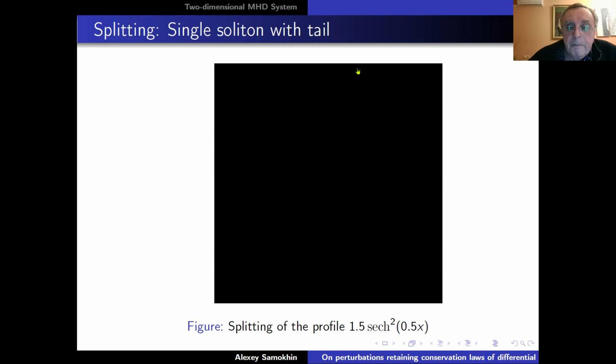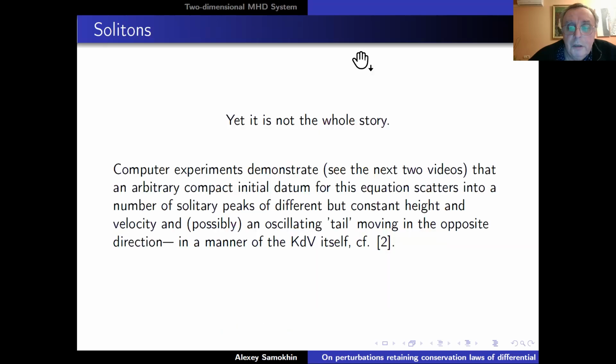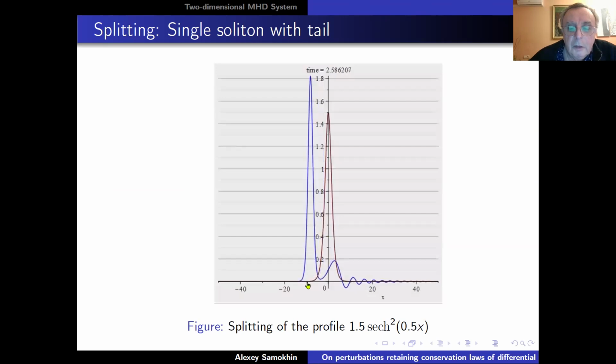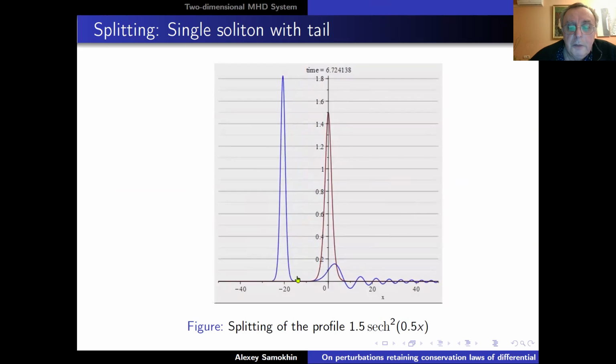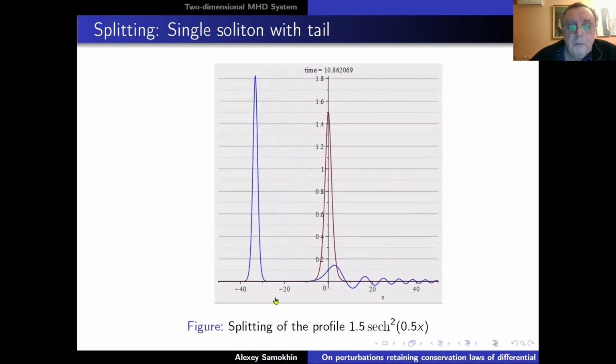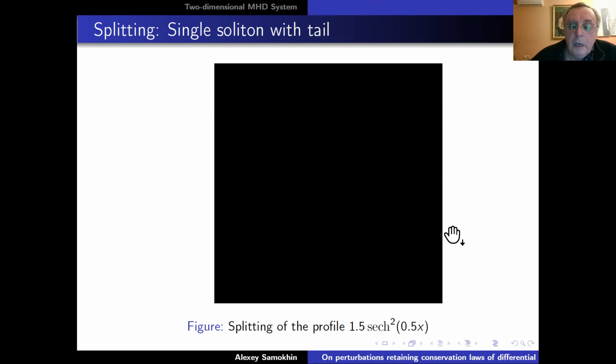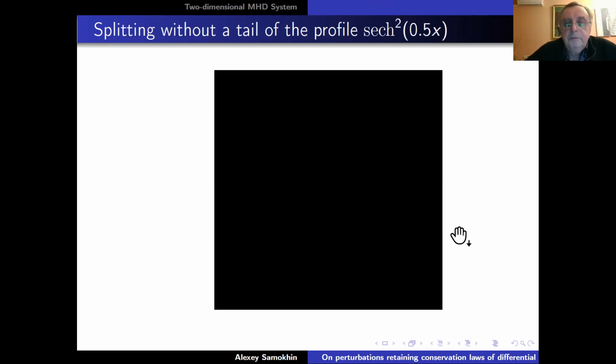The first idea is that now, when this peak is isolated from the tail, this peak is some other soliton, but it is not so. Here is one more example.